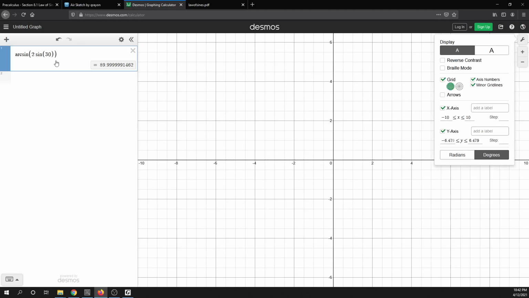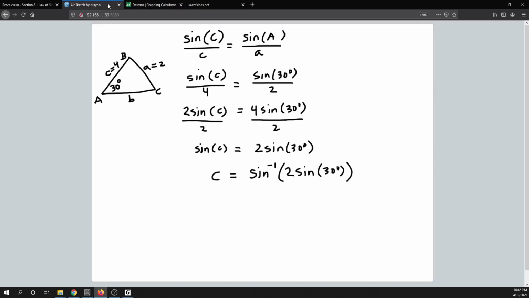You can see you get 89.9999. Unfortunately, it's not exact, but if we rounded that to 2 decimal places, we'd get C is 90 degrees.